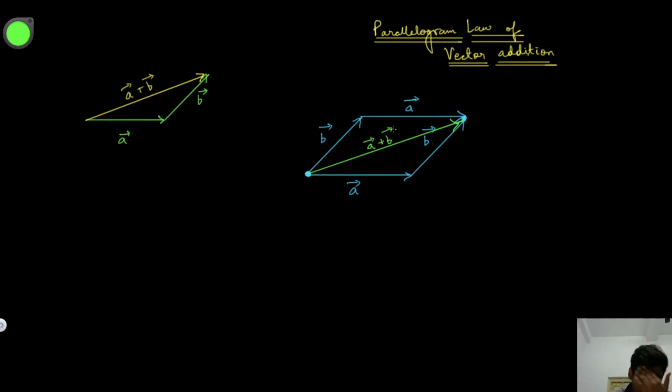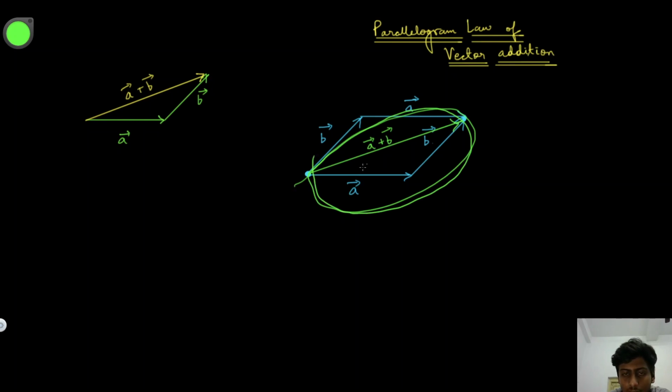Now you happen to see that we have in a way implemented the triangle law. If you look at this section, the green vector and these two blue vectors are actually very similar to this diagram.